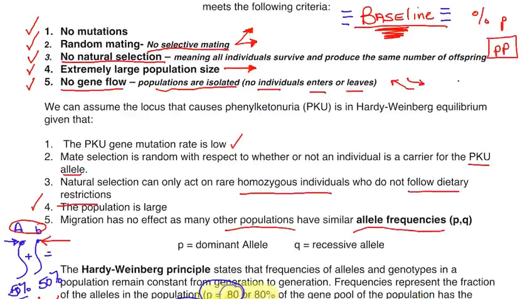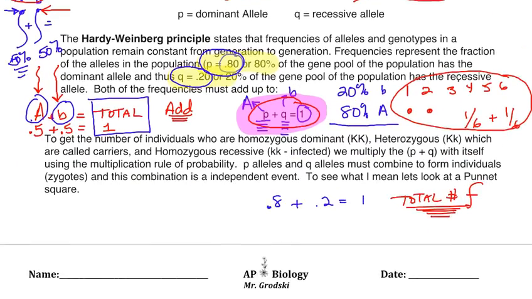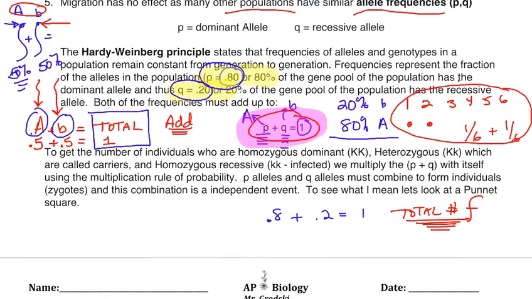Now, if you're talking about getting the individuals, it's different. Individuals are different than a total frequency, and this is really important. Yes, we have a P, which is the frequency of the dominant allele, which in my case I'm calling A. I know I changed it from B up there.